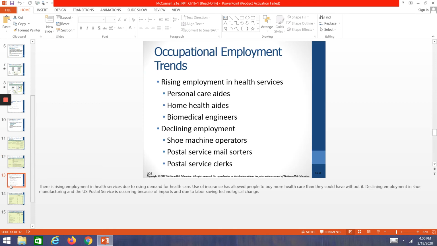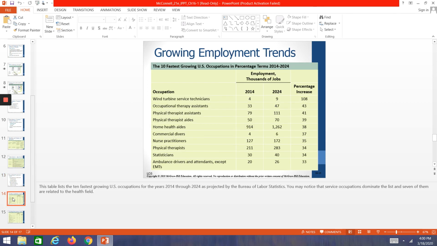So when we look at occupational employment trends, I'm just going to skip to this next slide. If you look at these 10 fastest growing U.S. occupations, in percentage terms, that means what they expect them to grow, you can see that 6 of these are actually in healthcare. We're an aging society, and that's increasing the demand for those people who work in healthcare, particularly home health aides, people that need help in their homes.